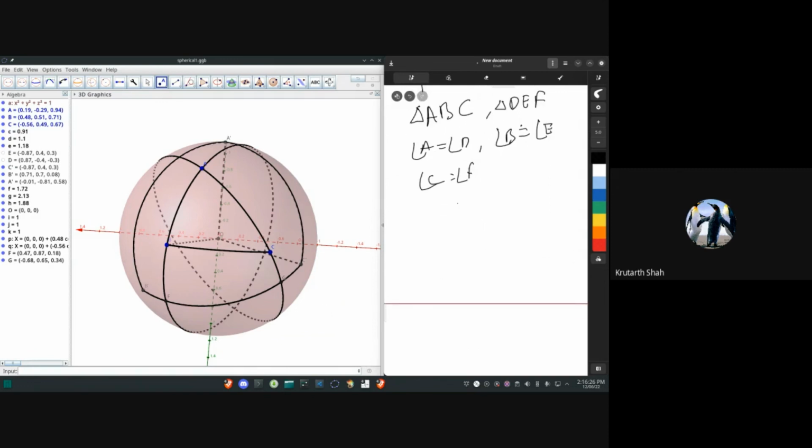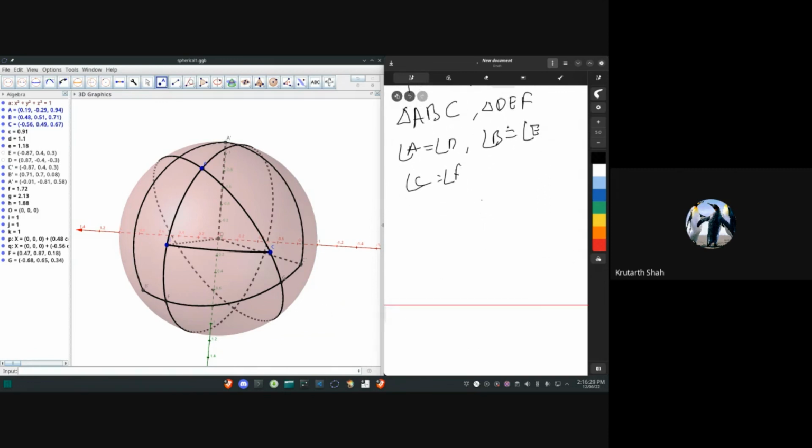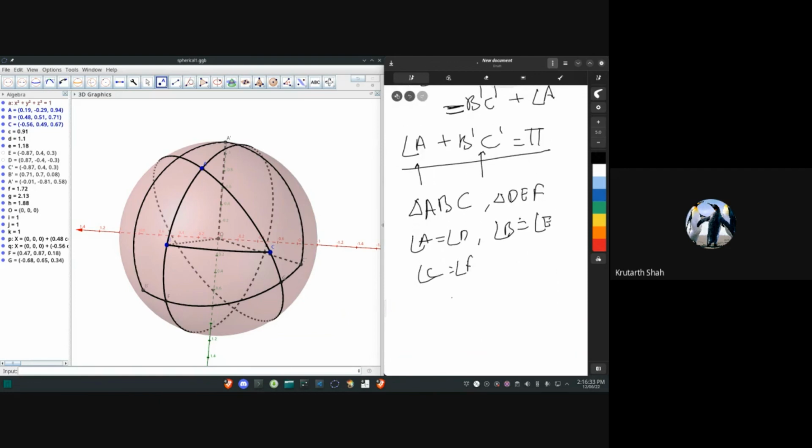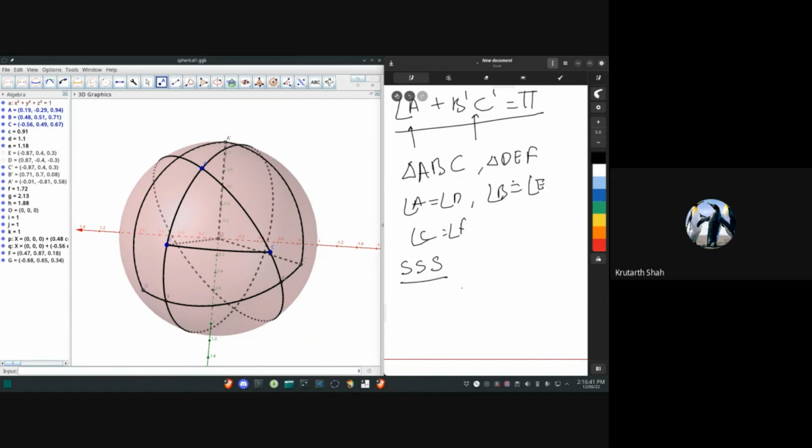In Euclidean geometry, this would be similar triangles. But what does this mean in the context of spherical geometry? You can assume SSS, because the proof of SSS is just using trigonometry, which is not that interesting. So we can just assume SSS and SAS for now. Can you prove that these two triangles are congruent, or that the result is false?